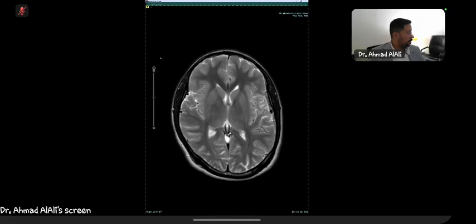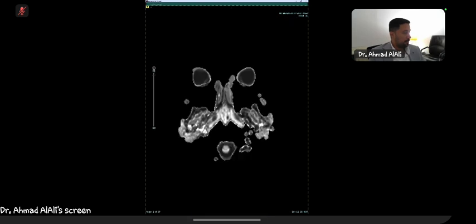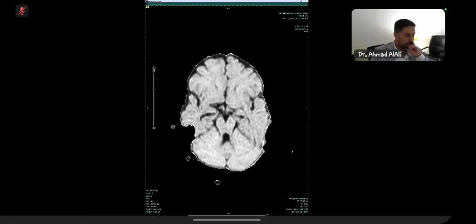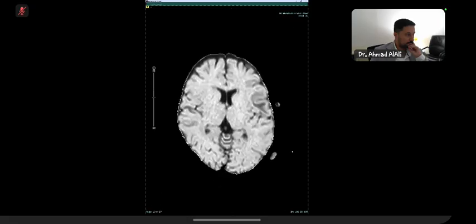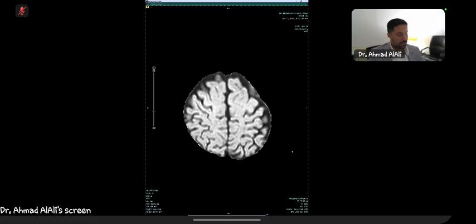Okay, so diffusion, let me please upload diffusion for you. Yes, this is diffusion. You can scroll through it. So does it show anything significant in the diffusion?